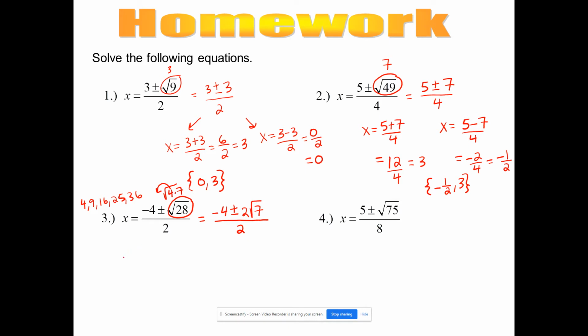Okay, so my two solutions are negative 4 plus 2 rad 7 over 2 and negative 4 minus 2 rad 7, and that should be a 7. I messed up there. Should be a 7 over 2.